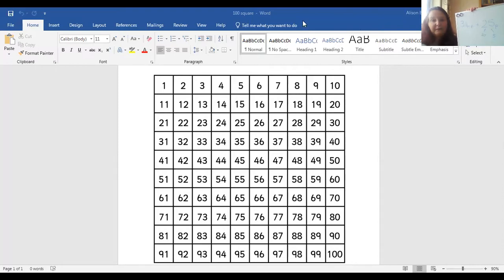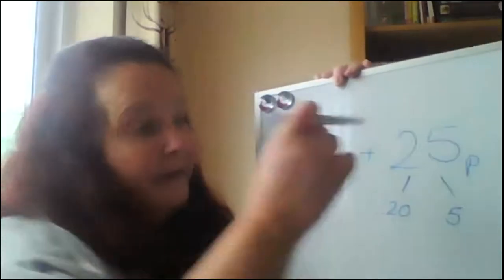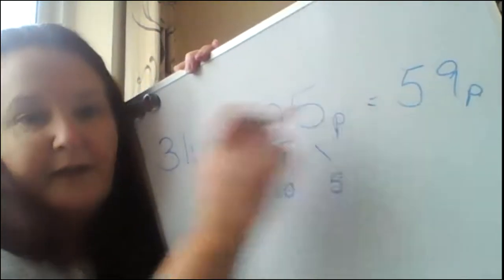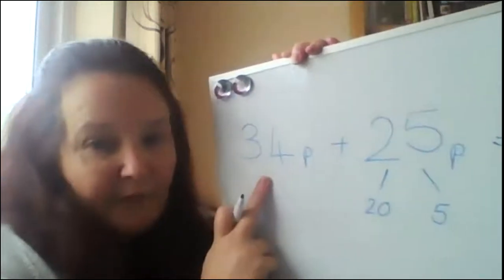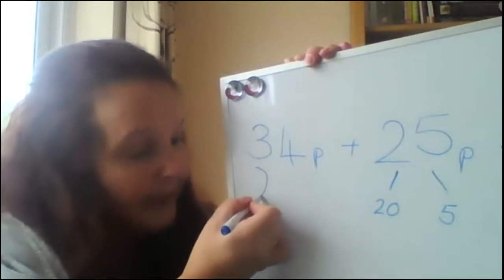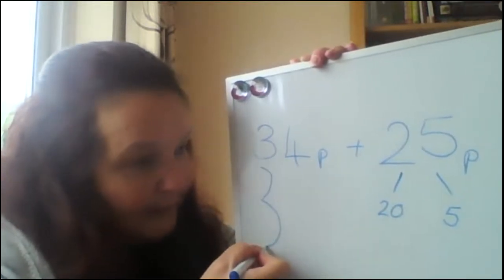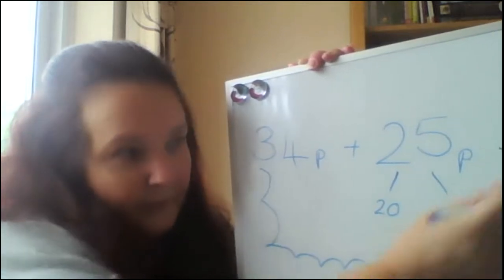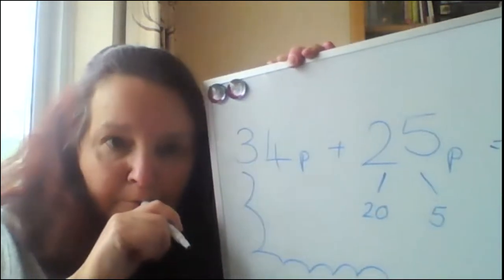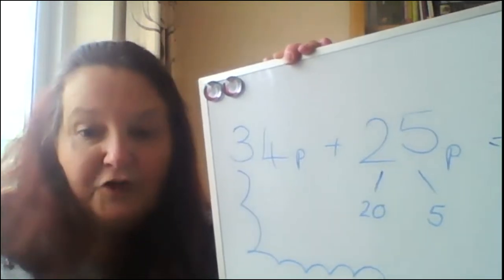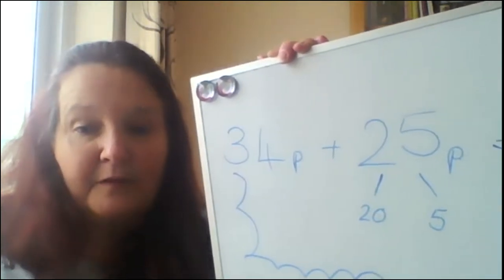Well done, 59. So I can write that on my answer here, 59p. You see that? I've written it just there. So I started with 34, added on my 20, so 10, 20, and then 5 little ones, and I got to 59. Is that okay? I think we've done those before, so you should actually be okay with those.